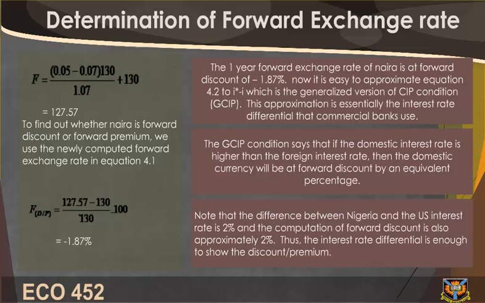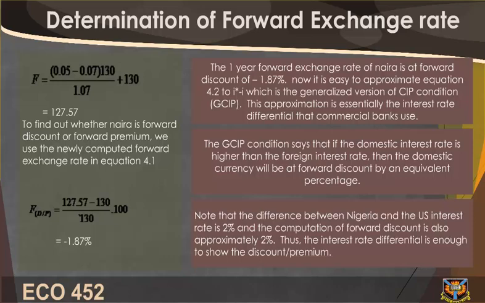Now it is easy to approximate equation 4.2 to I** minus I, which is the generalized version of CIP condition, GCIP. This approximation is essentially the interest rate differential that commercial banks use.